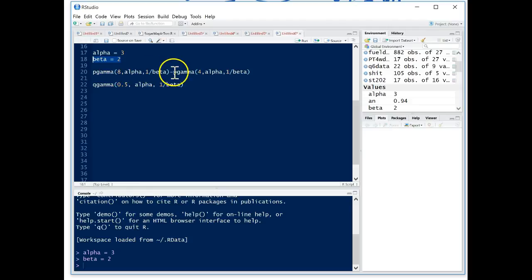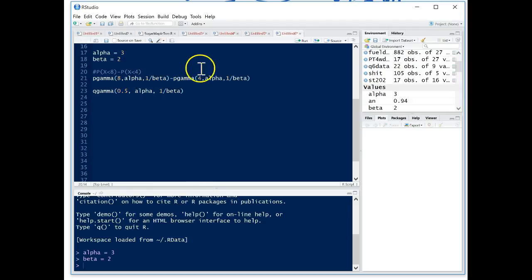So pgamma of 8, alpha, comma, 1 over beta will give me the probability that the kilowatt hours will be less than 8. So this first function is essentially just the probability that x is less than 8. To find the probability that it's between 4 and 8, I then have to subtract off the area that falls below 4. So that's x less than 4, and that is what this function is.